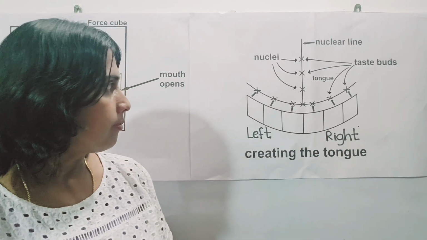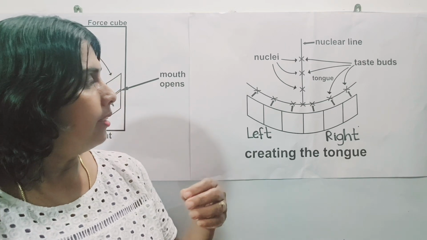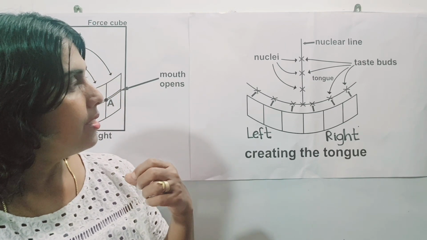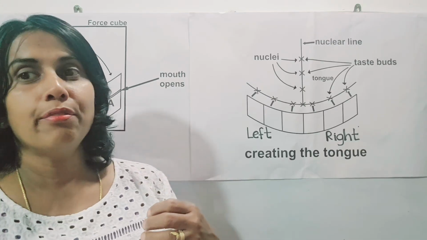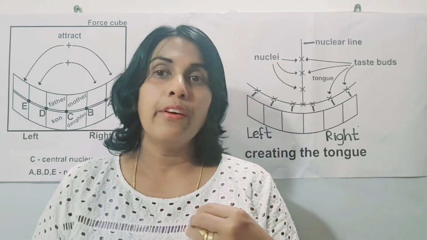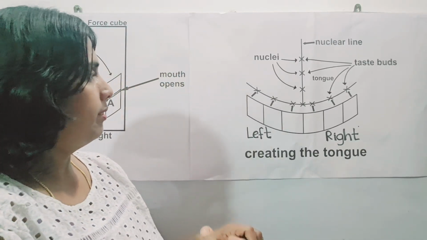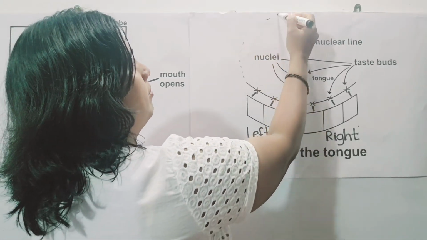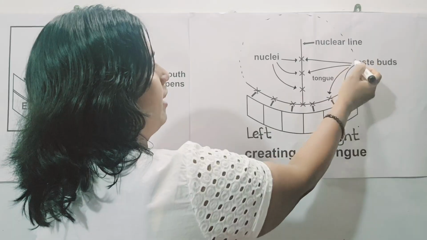And so in other words, we can say that the tongue is the origin of teeth. Now the tongue, we can complete here the shape of the tongue.